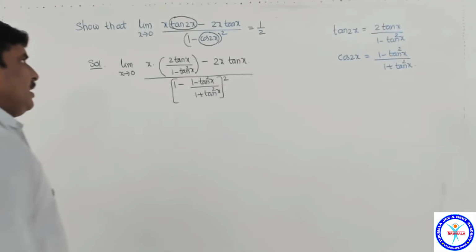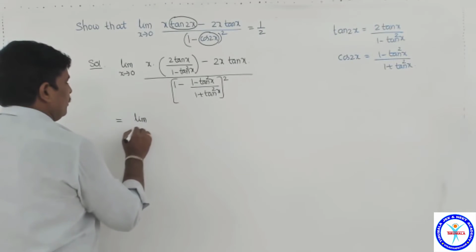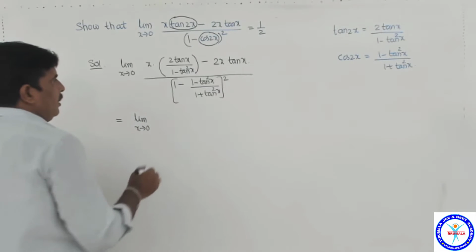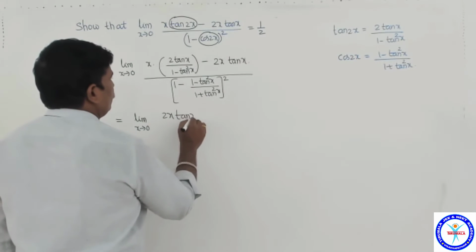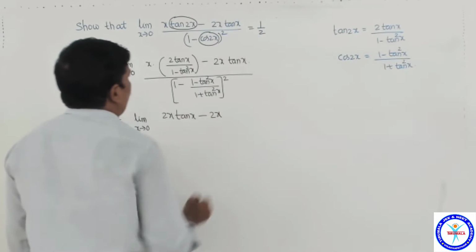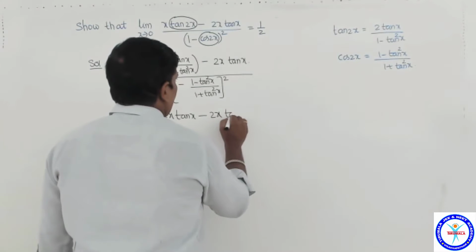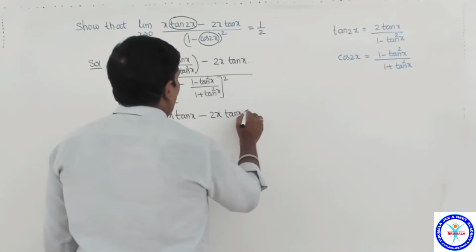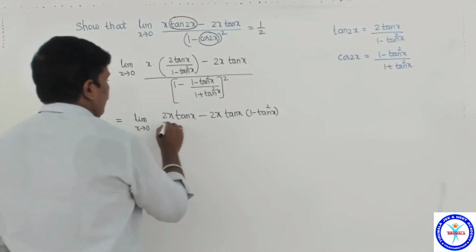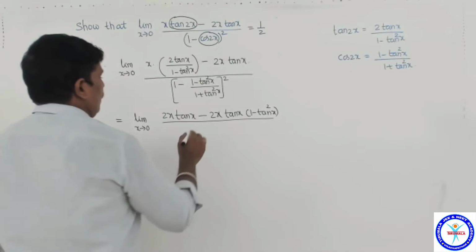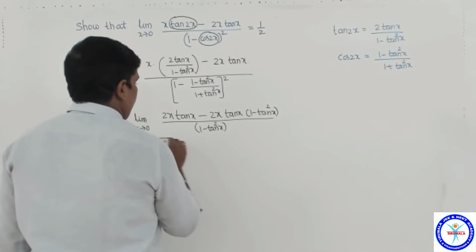This is equal to 2x tan x minus 2x into (1 minus tan square x), divided by 1 minus tan square x.